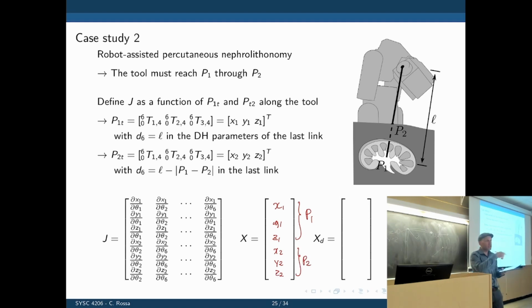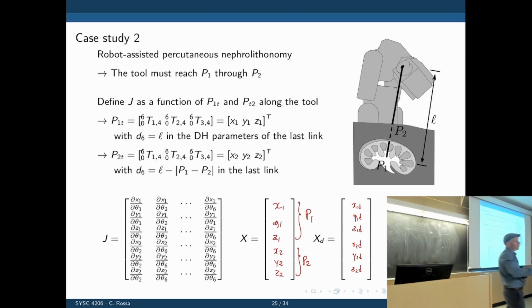I could put this in any order, doesn't matter. And then the desired position is x1d, y1d, z1d, x2d, y2d, z2d, which are the physical locations where I want those points to go to.